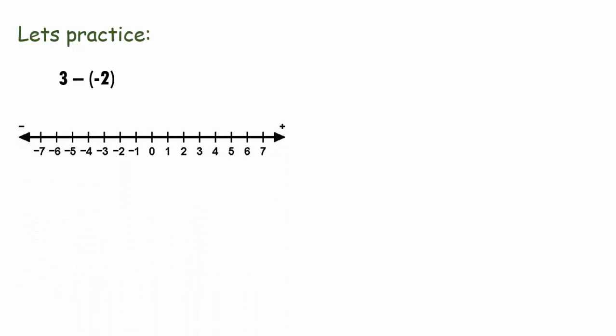So let's do some practice problems. So the first thing I look at here, I say, okay, I'm subtracting a negative. So I always fall back on, this is just me, I always know that if I subtract a positive, that was from yesterday, I would move left.